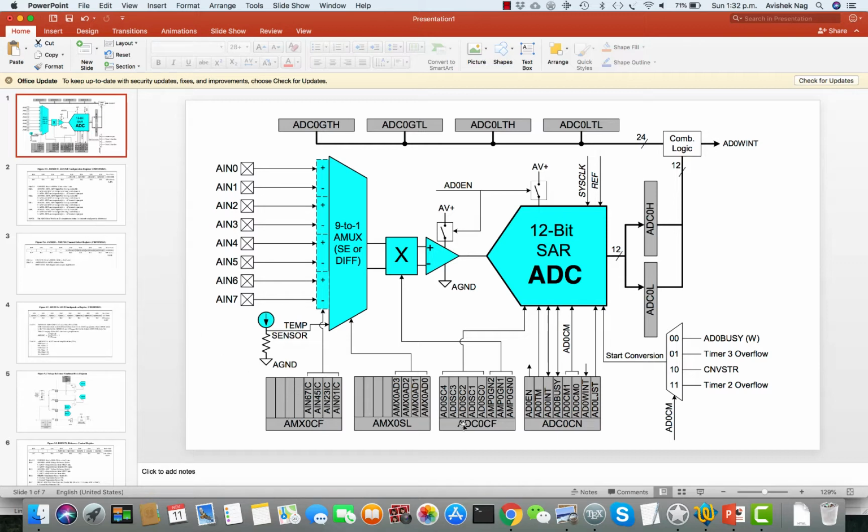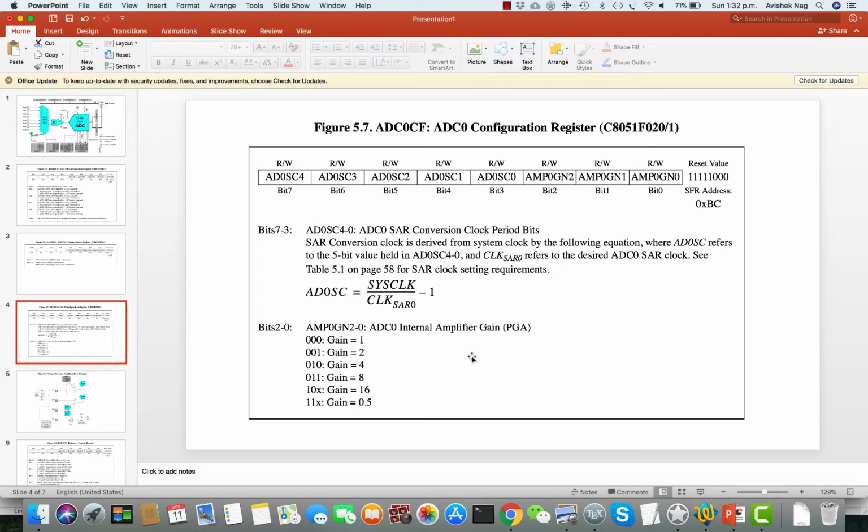Now let's see the function of these registers, ADC0CF. In the ADC0CF, basically there are two functions that can be configured by using this register. Bits 0 to 2 select the gain of the amplifier.